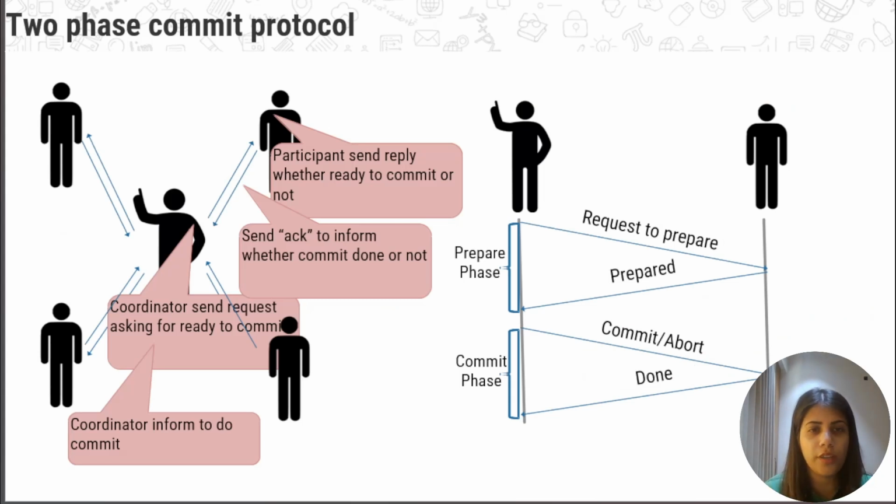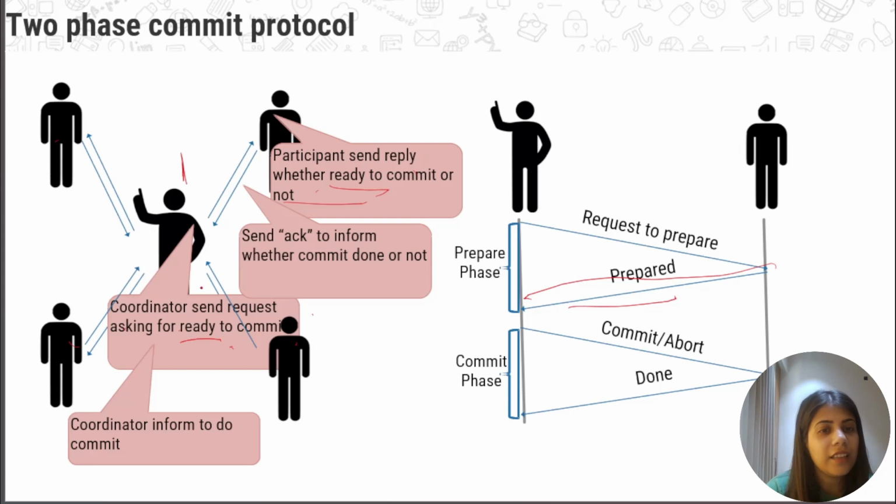So this is the boss in the middle. We can call it a coordinator. These are all participants. We can call them slaves or participants. So what will the coordinator do? It will send a request asking if they are ready to commit or not. This happens in the preparation phase. Then the participants send a reply whether they are ready to commit or not. This also happens in the preparation phase.